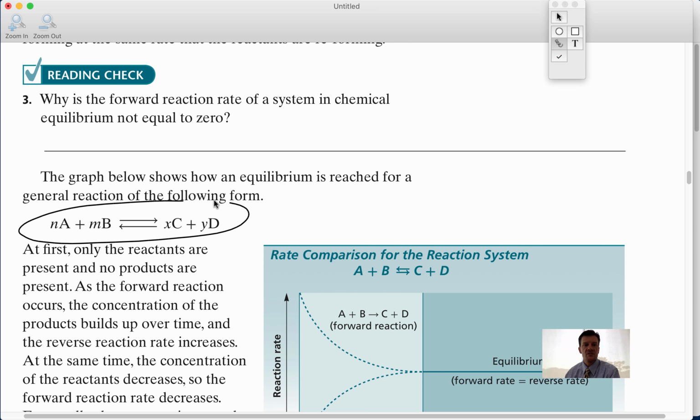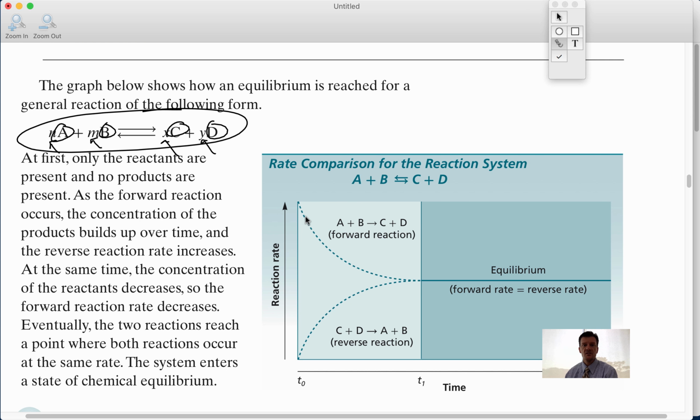When you balance your equation, we've been balancing equations for a long, long time. You know that in this case, the n, the m, the x, and the y are representing your coefficients in your balanced equation. A and B are your reactants, C and D are your products. So all this is saying here is that as the reaction proceeds over time, the forward reaction rate is changing very quickly at first, just like the reverse reaction is changing very quickly also, but then those rates basically are going to reach a constant, and that constant is going to be the same.